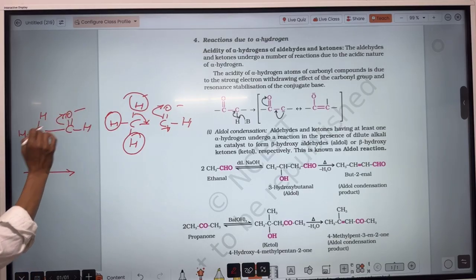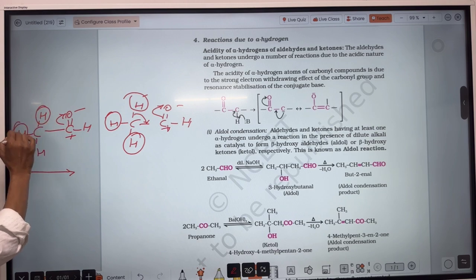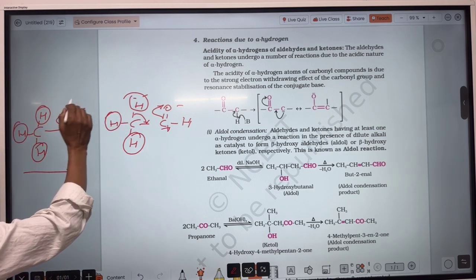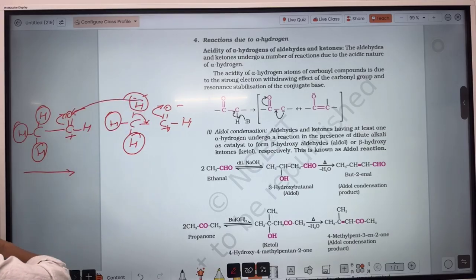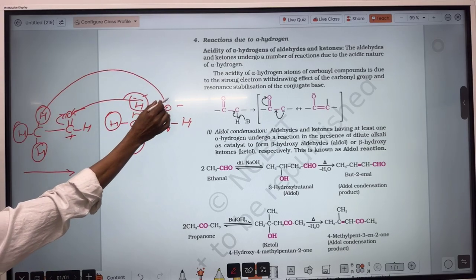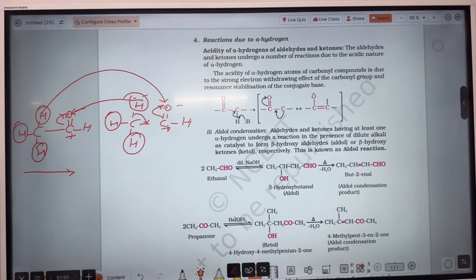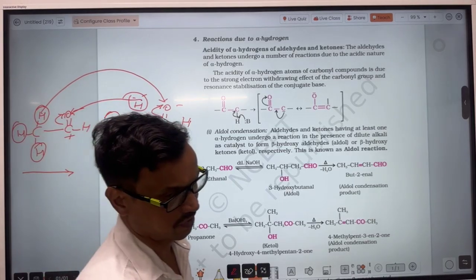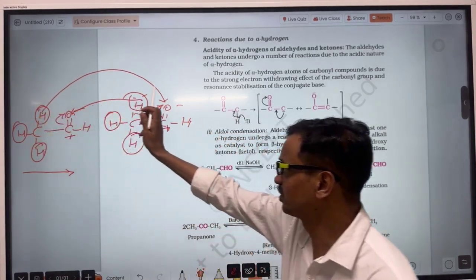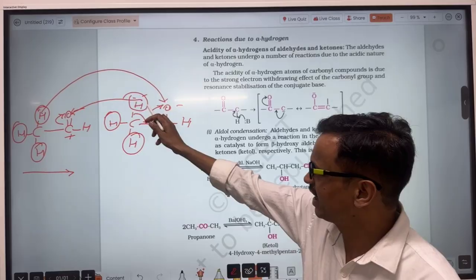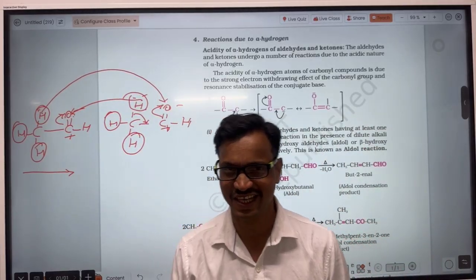What happens? This oxygen will take a negative charge, and here there are positive charges. So either the hydrogen of this carbon will go to this oxygen, or the hydrogen of this other carbon will go to this oxygen.